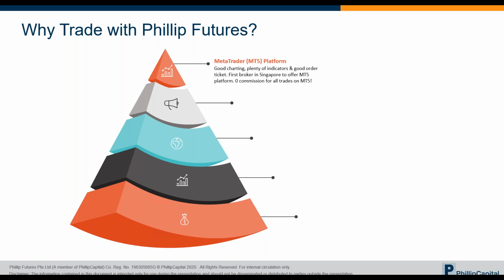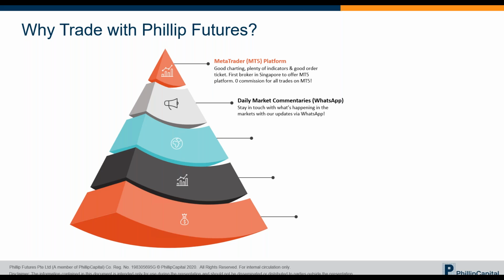Apart from our platform, we also have daily market commentaries such as updates on gold, crude oil, and some forex pairs. These commentaries are exclusive for our clients only, and we forward them on WhatsApp.